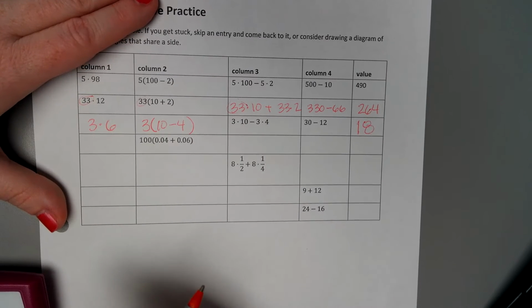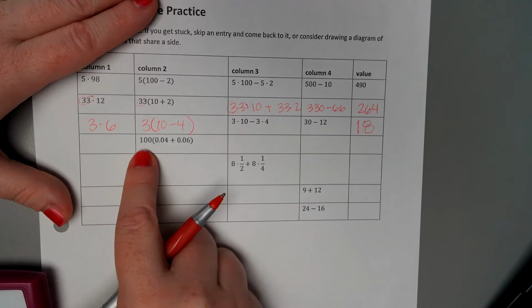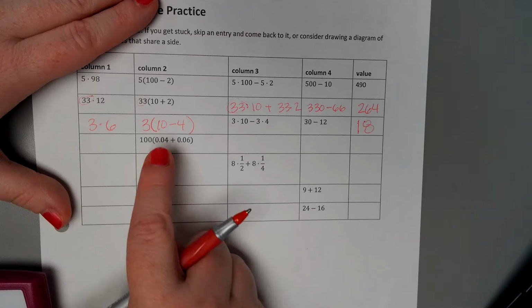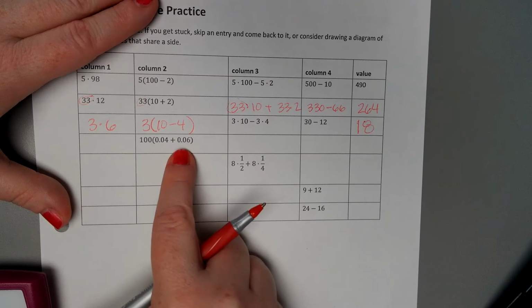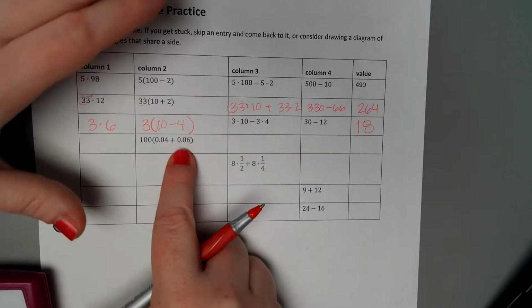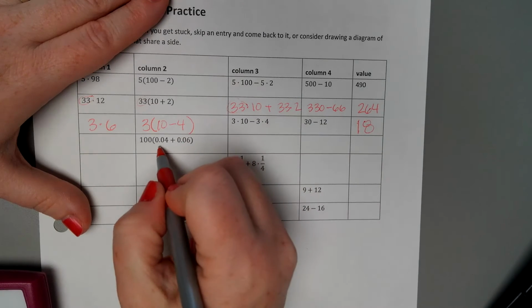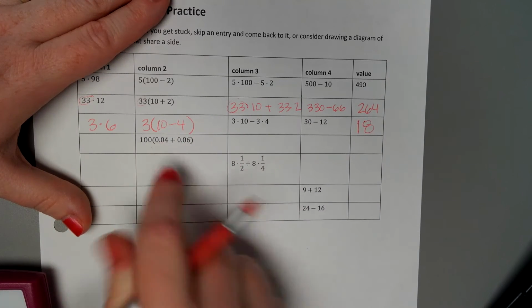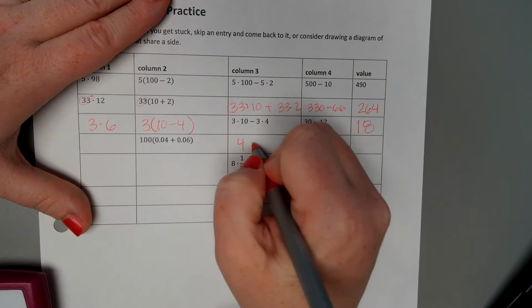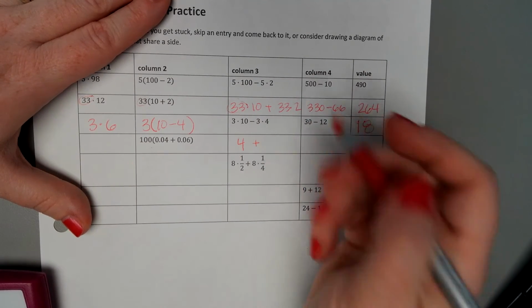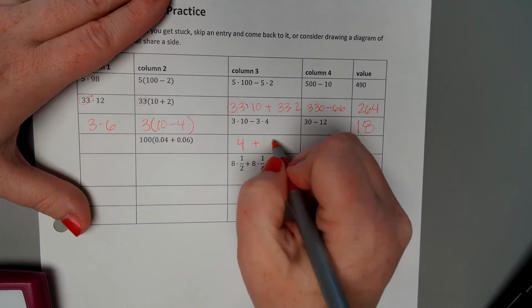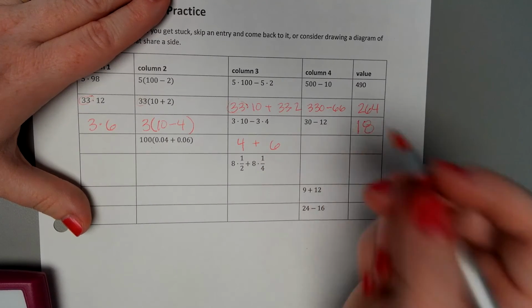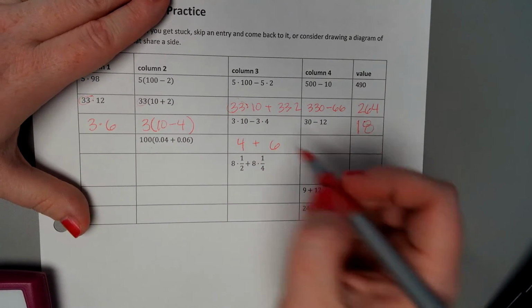For this one, we have 100 times 400ths plus 600ths. Okay, well, to multiply 100 times that, our decimal moves twice, so now we have 4 plus 100 times 600ths would be 6. Oh, I wrote it wrong.